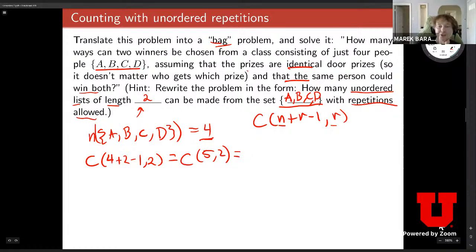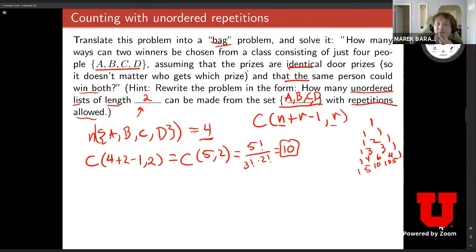And that's equal to 5 factorial divided by 3 factorial, 2 factorial, which is 10. You can also do that on Pascal's triangle, except it takes a long time to make it. 5, 10, 10, 5, 1. Yep, so 10.